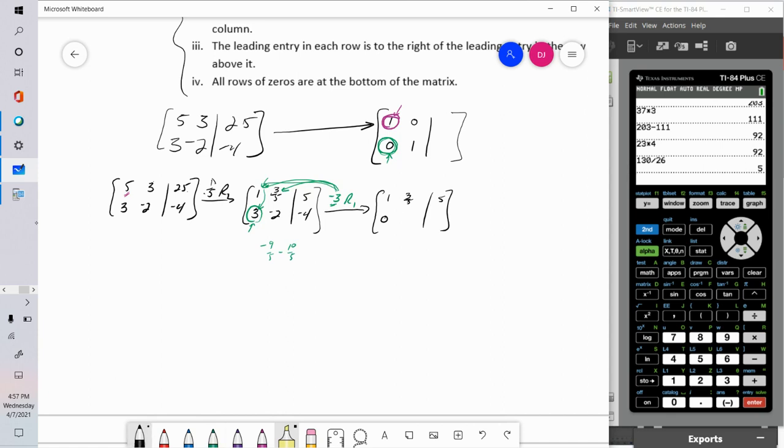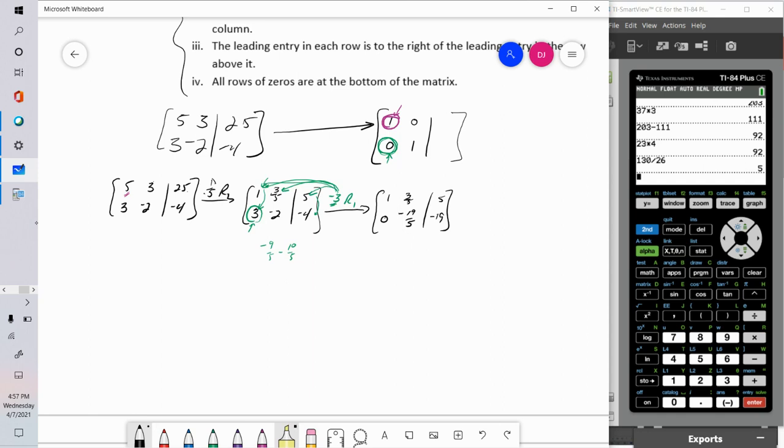That's going to give me -19/5. Fractions happen. -3 times 5 is -15, and a -4 is a -19.